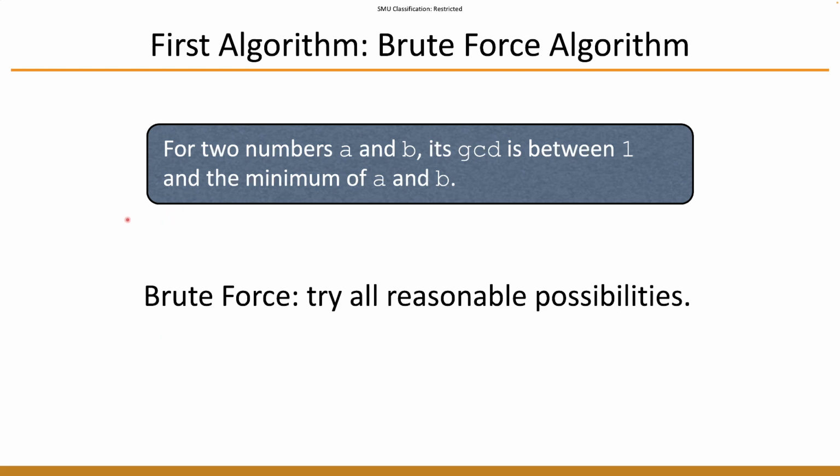If you have two numbers, A and B, the greatest common divisor should be between 1 and the minimum of A and B, right? If you try out all the possibilities, eventually you should be able to find the GCD of A and B. Very simple approach. And we will see how we put it down exactly, following our previous specification of being as precise as we can.